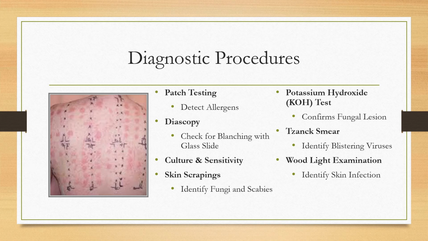Diascopy we've spoken about, that's just whether your skin blanches or not. Culture and sensitivity we've spoken about in terms of culturing bacteria, making sure that you get a good sample with a Q-tip right into the pus, not just taking a skin sample, which is going to result in not a very useful sample.